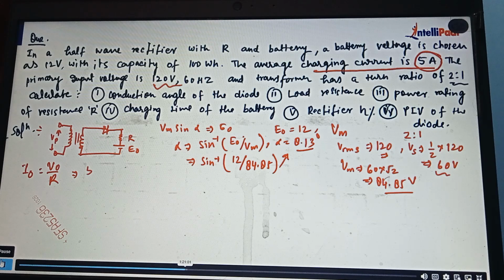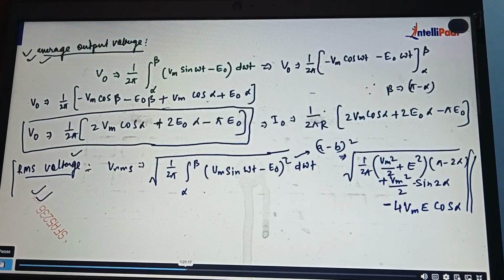So I naught is 5 ampere. If you want to calculate R, we have to calculate the average voltage. Very good. So what is the average voltage formula? We have calculated the average voltage as 1 upon 2 pi, 2 Vm cos alpha plus 2 E naught alpha minus pi E naught.